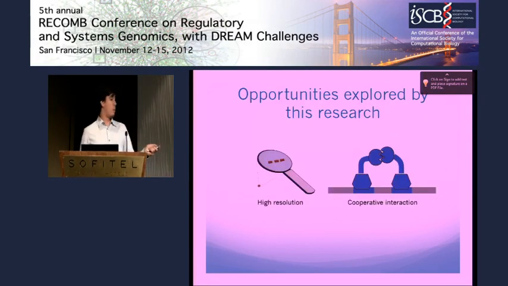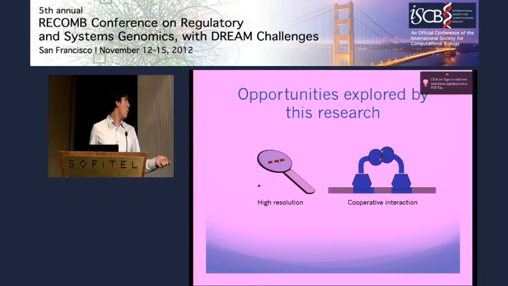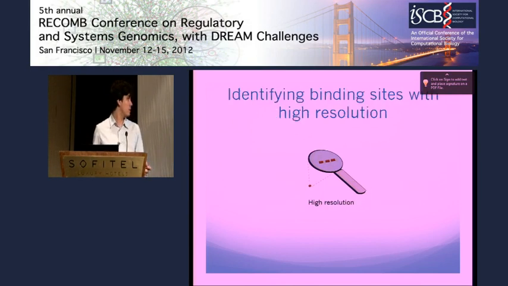So the opportunities that we're exploring in this research, we want to identify binding sites at high resolution and also cooperative interactions between binding sites. Starting with the high resolution problem, the output of a peak caller provides a summit that might seem to be one binding site, but if you look carefully, it might actually contain multiple binding sites in that region.